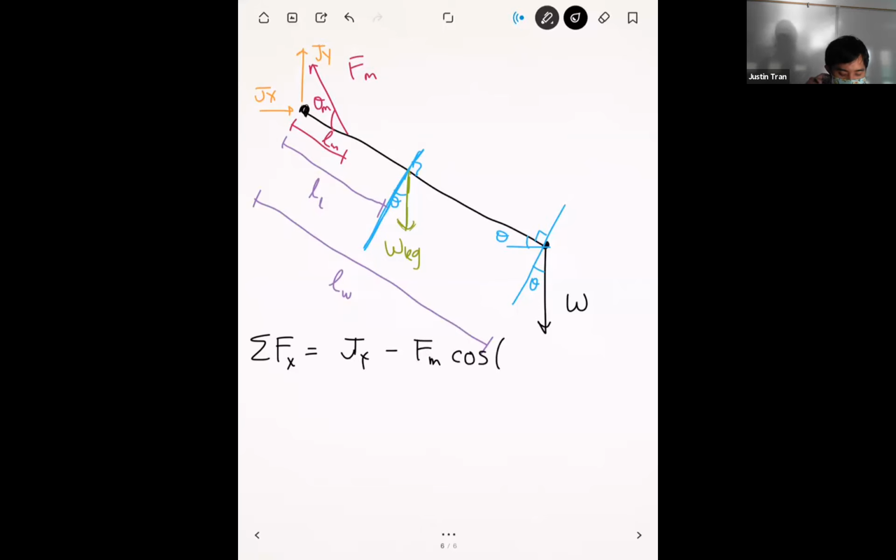Remember, theta M is measured with respect to the limb itself, and it goes in the same direction as theta. If we move theta M down here, you can see that the total angle in this case is going to be theta plus theta M.